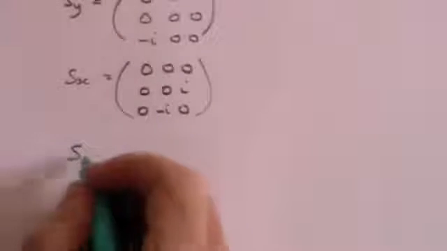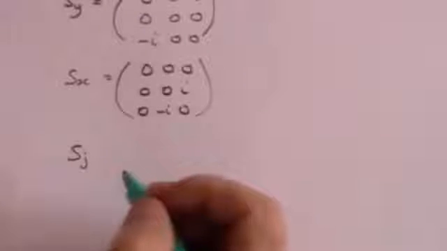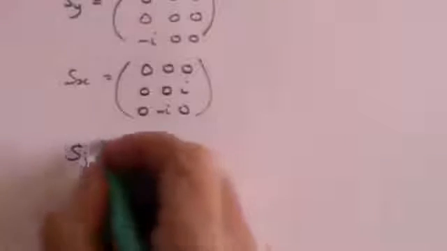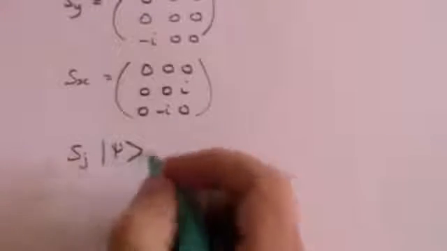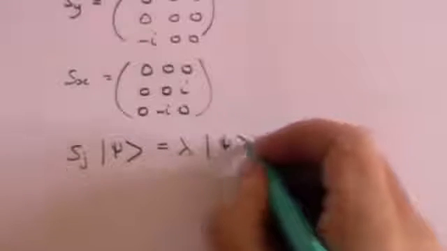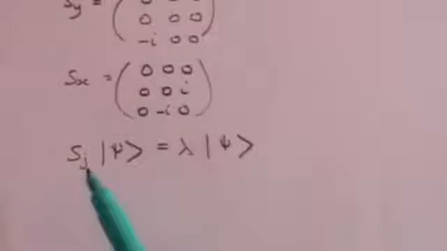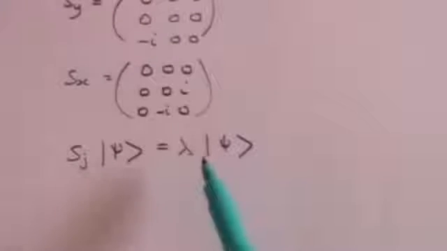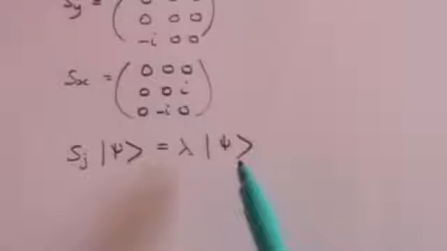And the idea is that you take the spin operator Sj, which is x, y or z, act it on the spin state, and that gives you a value lambda times psi. That is the usual equation where we have an operator acting on a state giving us an eigenvalue times the same state.